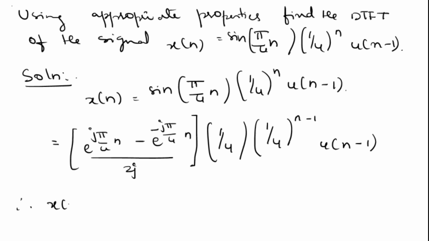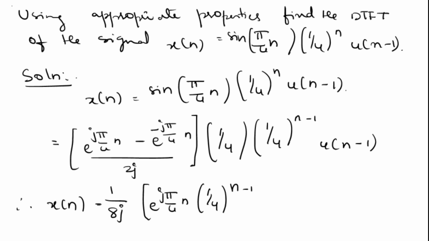Therefore, x of n is equal to 1 by 8j into e^(j pi by 4 n) (1 by 4)^(n minus 1) u of n minus 1 minus e^(minus j pi by 4 n) (1 by 4)^(n minus 1) u of n minus 1.